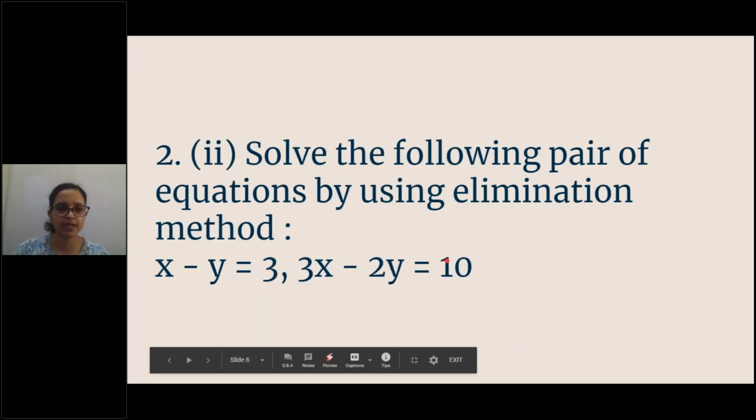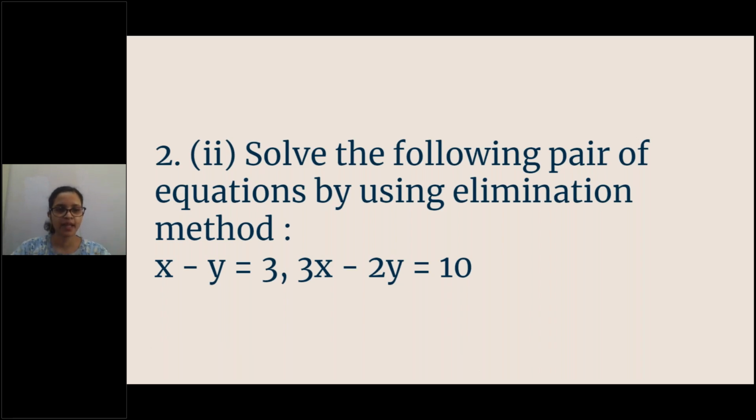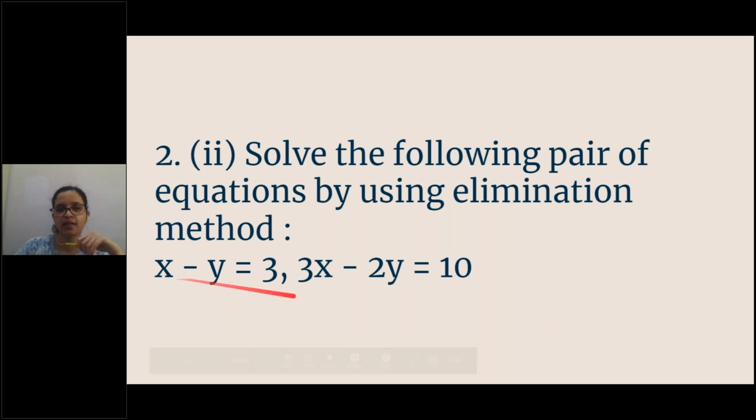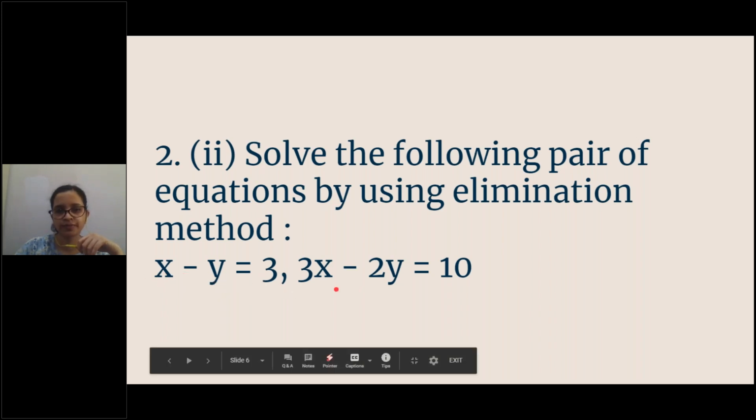Okay, this is the second question. Can anybody try to solve on your own? x minus y equal to 3, 3x minus 2y equal to 10. Again here, you can either choose x or y and multiply the equation 1 with 3 or with 2.